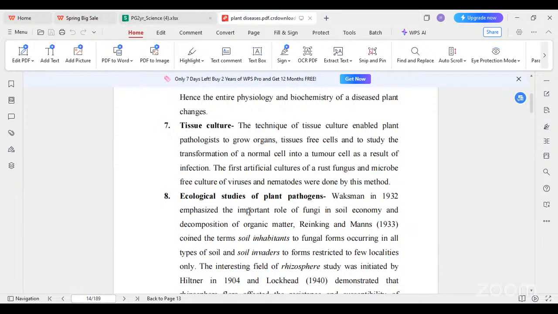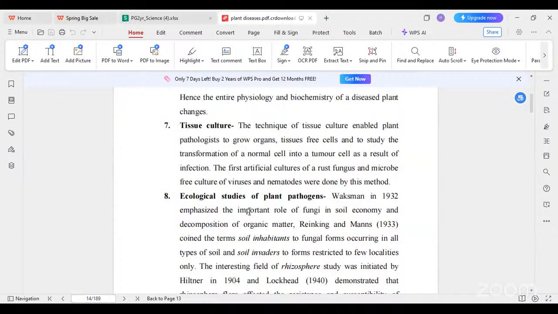Eighth one, ecological studies of the plant pathogen. Waksman in 1932 emphasized the important role of fungi in soil economy and decomposition of organic matter.